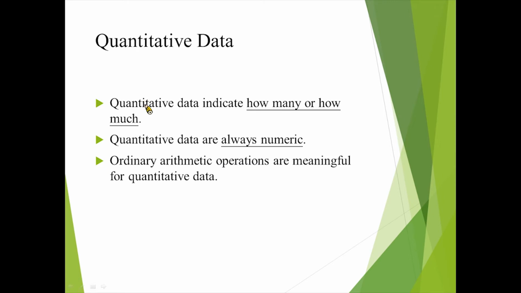Okay, the quantitative data indicate how many or how much. The quantitative data are always numeric, because quantitative data you need to run in the statistics software, and you need to change it to numeric.